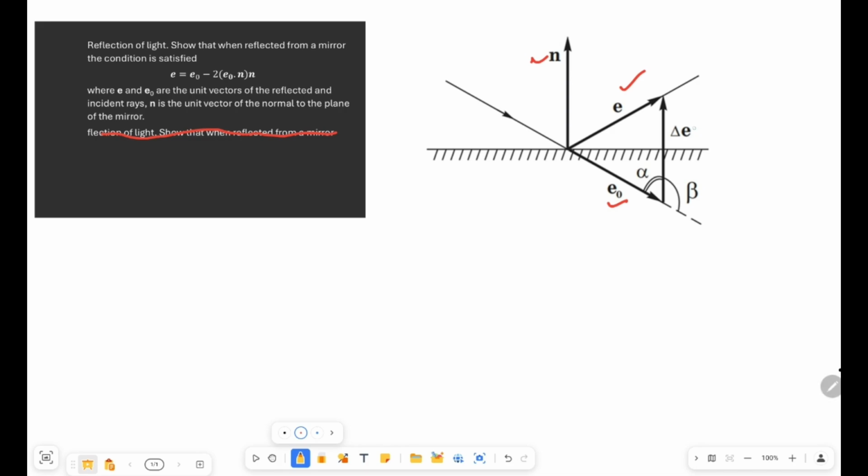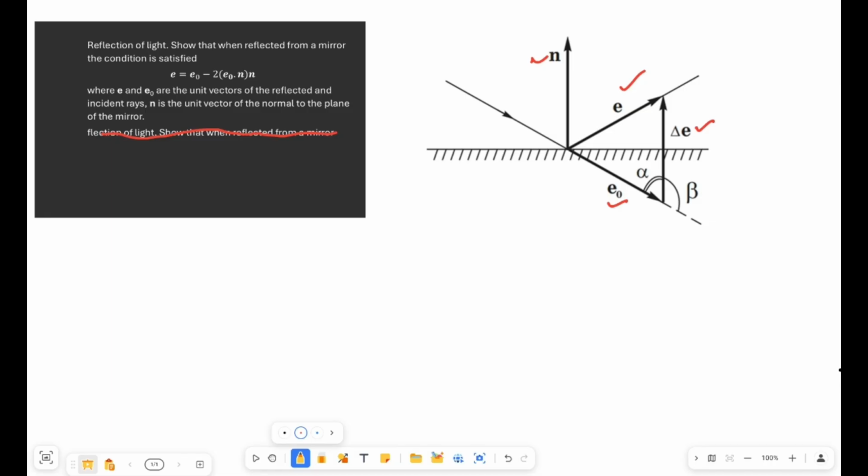I have introduced a vector here, simply called delta E. Because these are two unit vectors having the same magnitude, and this joins the heads of these two unit vectors, I just call it delta E. And this is a vector I need to find.